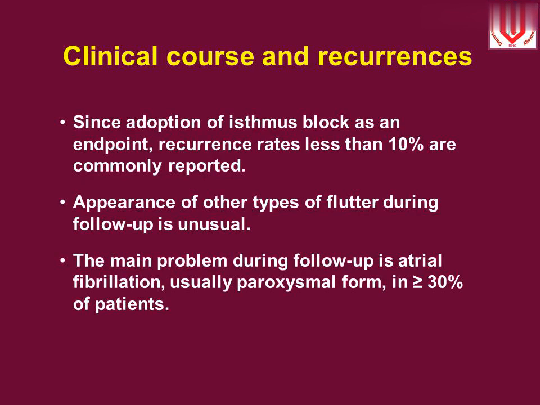Clinical course and recurrences. Since adoption of isthmus block as an endpoint, recurrence rates of less than 10% are commonly reported. Appearance of other types of flutter during follow-up is unusual. The main problem during follow-up is atrial fibrillation, usually the paroxysmal form, in greater than or equal to 30% of patients.